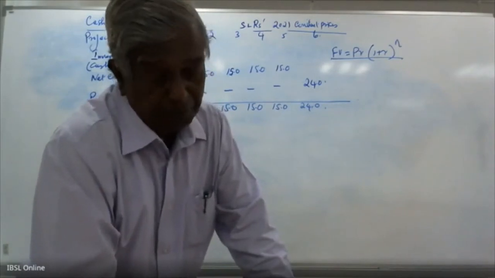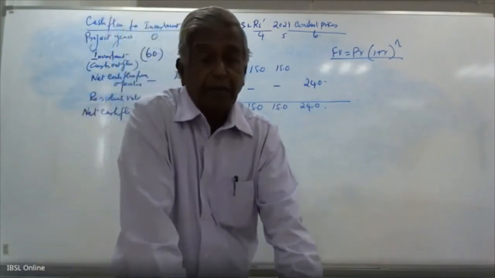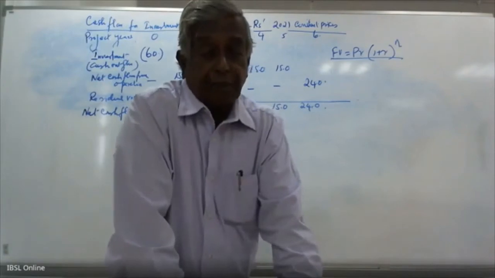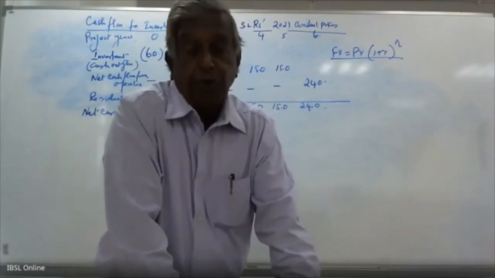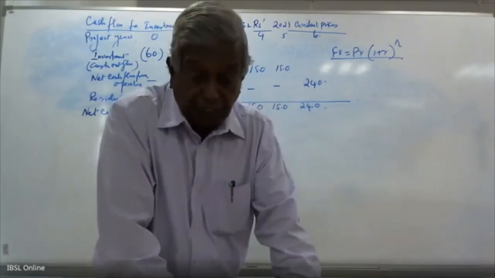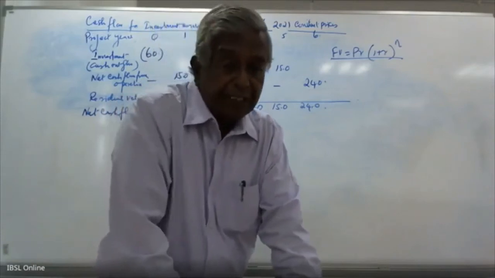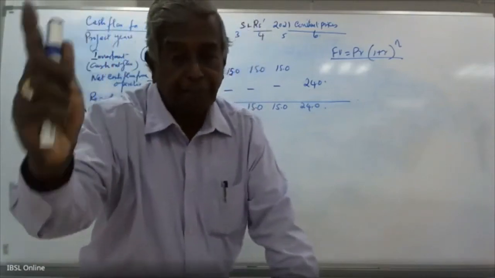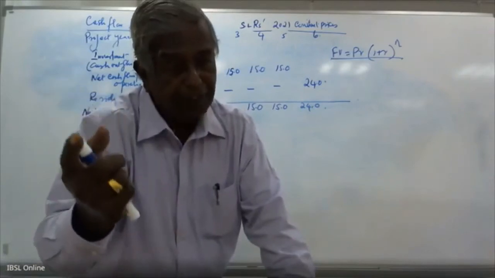Sorry, compounding factor is the other way around. For 1 rupee present value at various interest rates and various periods, what is the future value? So that is the compounding factor.